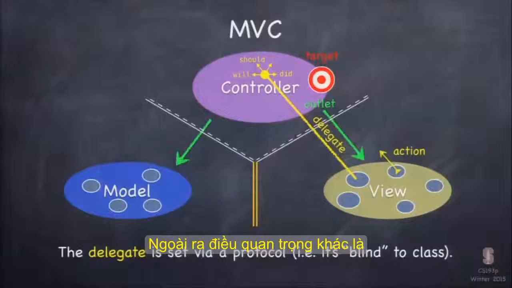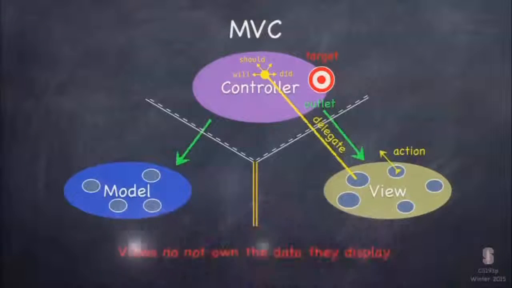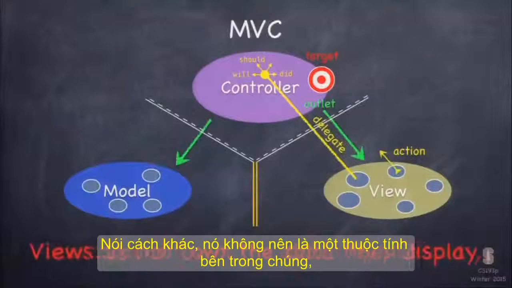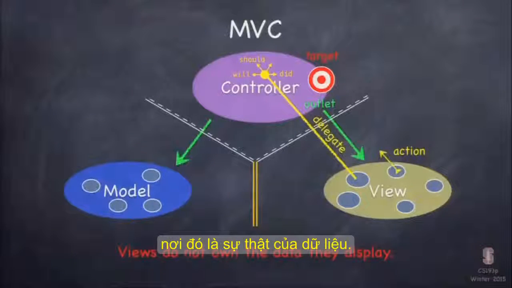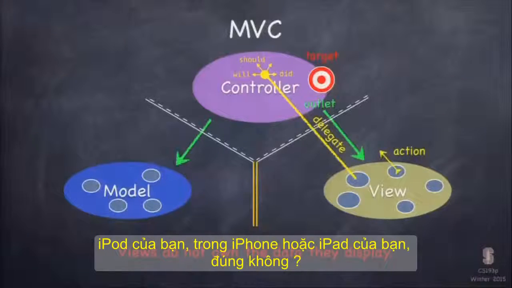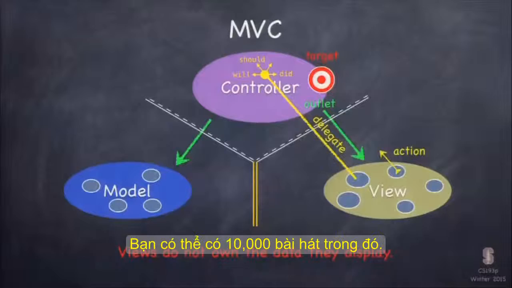Also, another important thing is that views should not own the data that they're displaying. They should not own it. In other words, it shouldn't be a property inside of them where that's the truth of that data. The easiest example for this is all the songs in your iPod, on your iPhone or your iPad. You might have 10,000 songs in there.